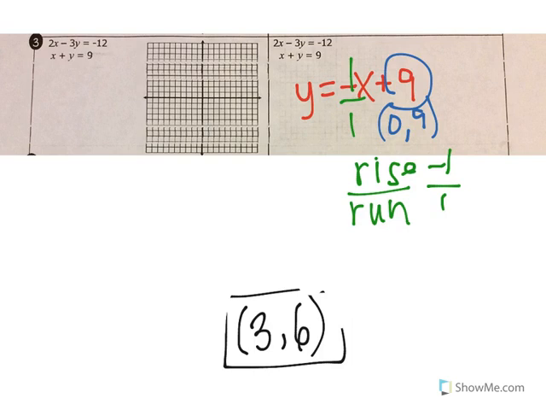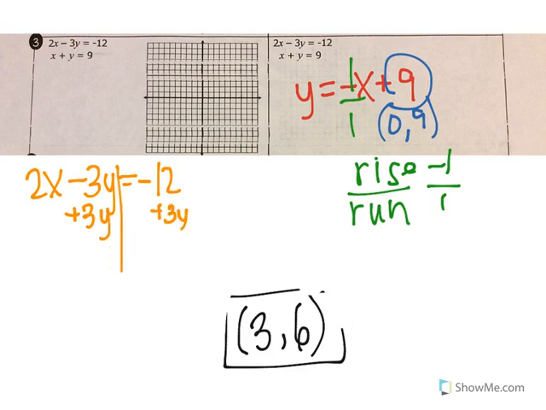And then for the first equation, I'm going to write that in orange, I just need to get y by itself. So I've got two options here. I can add 3y to both sides, or I can subtract 2x from both sides. Now, I don't like to deal with negatives, so I'm going to anticipate what's going to happen.